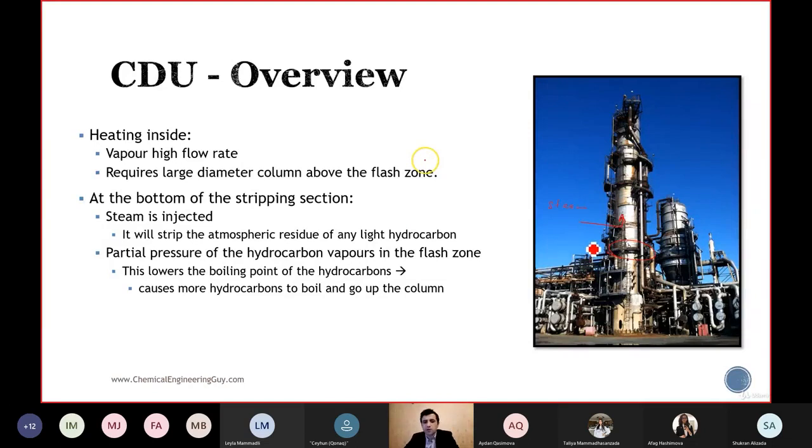What we want to do, our aim, is to separate transportation fuels as much as possible from heavy residue. What are the transportation fuels? Naphtha or gasoline. We have jet fuel. And we have diesel or gas oil.